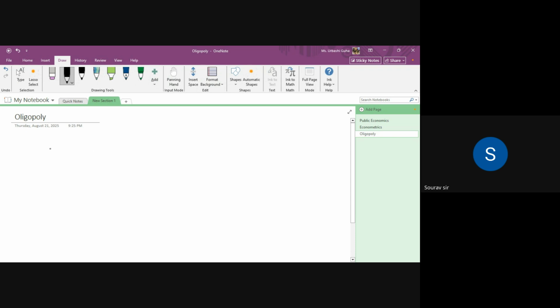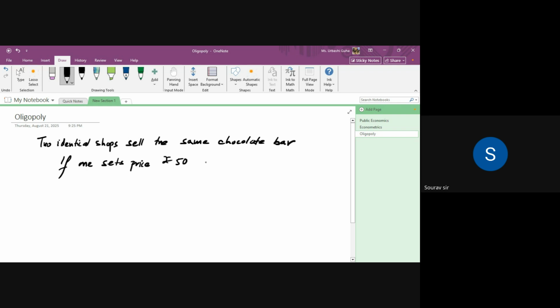Here, two identical shops sell the same chocolate bar. If one sets the price at ₹50 and the other sets ₹49, who will get the customer?